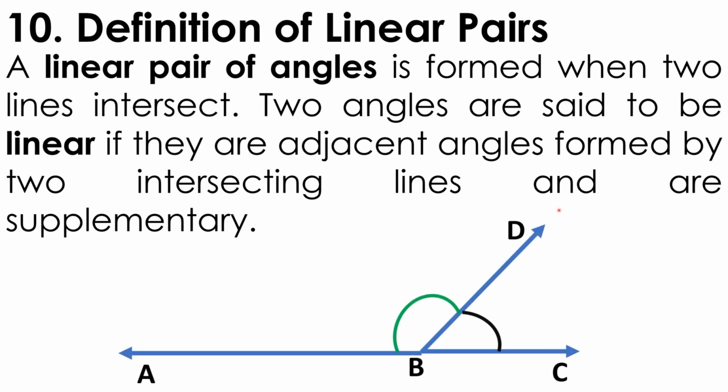Ray BD is the common side, and ray BA and ray BC are opposite rays. So angle ABD and angle CBD form a linear pair.